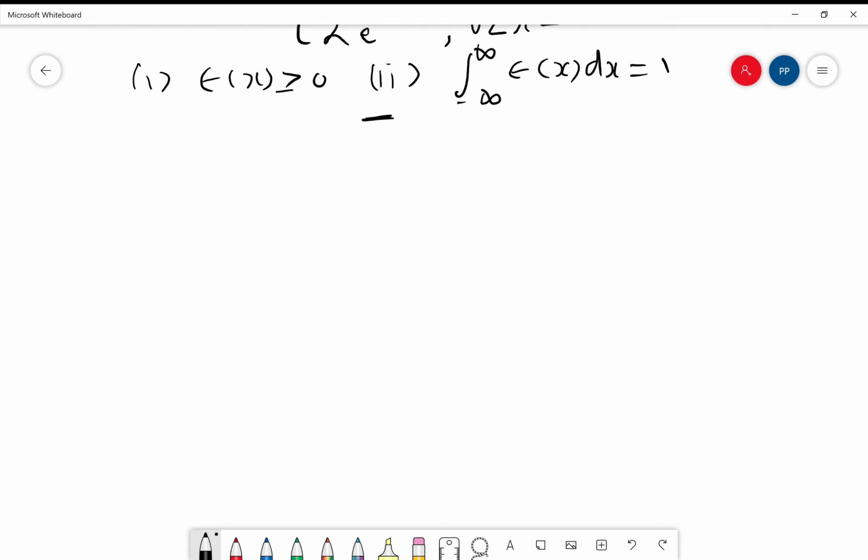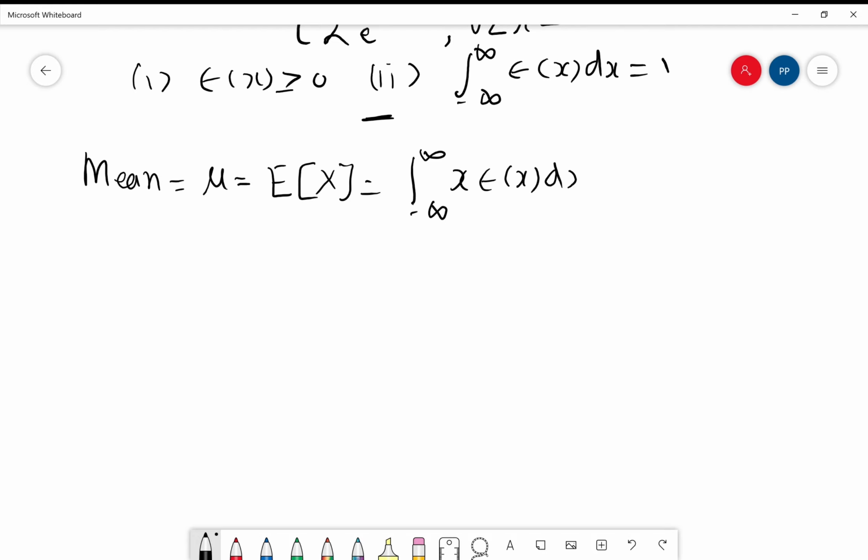We know that the mean, which is denoted as mu, is nothing but the expectation of x, which is the integral from minus infinity to plus infinity of x into that function, which is the PDF here, known as epsilon of x or e of x.